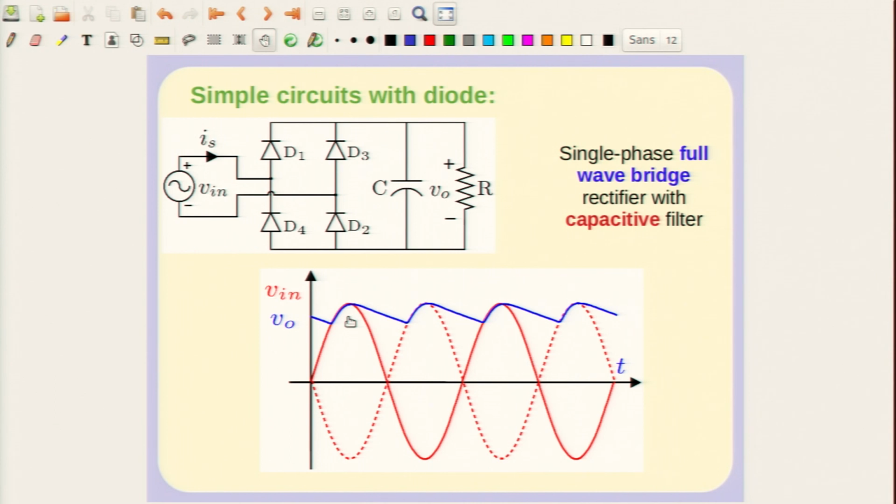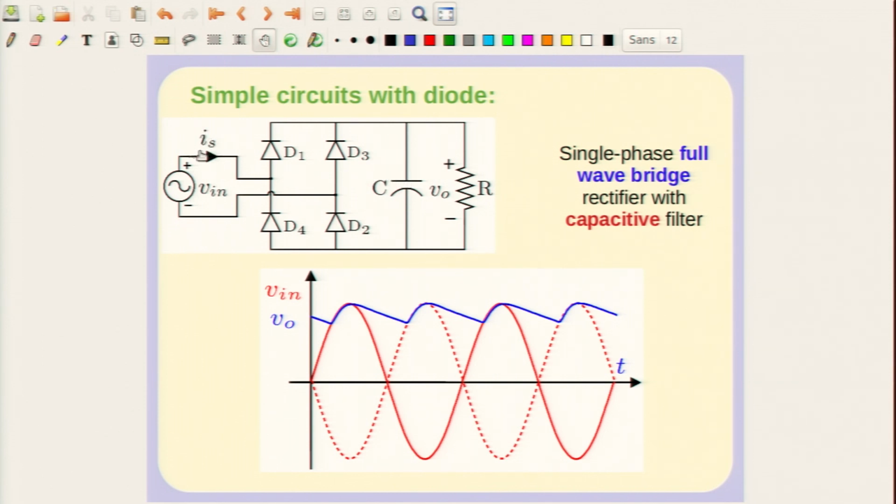Another interesting point is that you are connecting a voltage source across a capacitor, although through diodes. If you suddenly switch on this voltage source to an uncharged capacitor, and the voltage of the source is different from that of the capacitor, say some positive value, the diodes D1 and D2 will conduct and charge the capacitor, but that current will be extremely high.